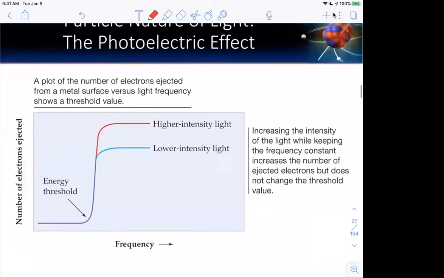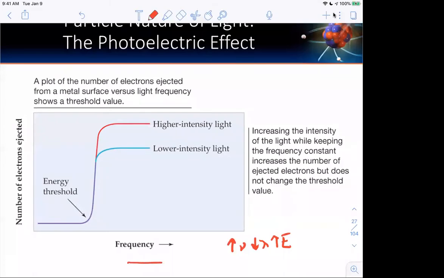So here's the result of the experiment. When I plot the number of electrons ejected from a metal surface versus the frequency of light, if I increase frequency, I'm decreasing lambda, and I'm increasing energy.